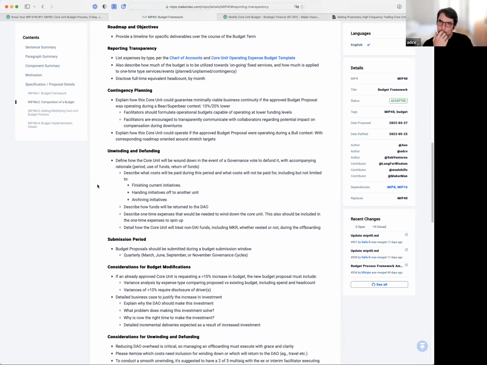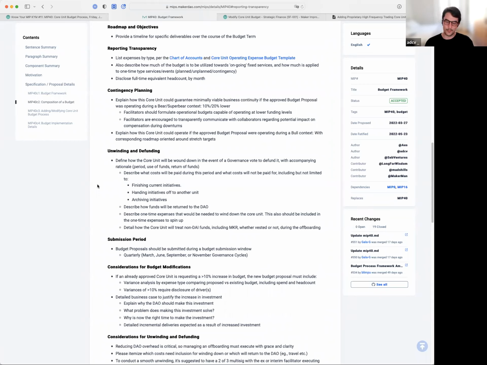Sure. So in our own case in strategic finance, we had a budget request with an increase, quite a significant one, around 40%, that we released to governance. And we could tie this increase in the budget to just hiring new people, right?